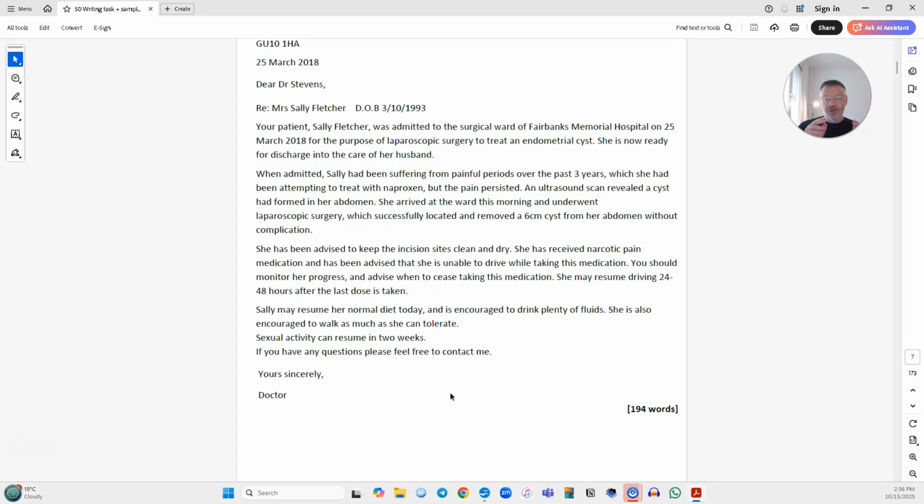So how this should be, it should make reference to the fact that she's my patient and she was admitted due to circumstances which I'm aware of. So you can see how that sample just doesn't really work.